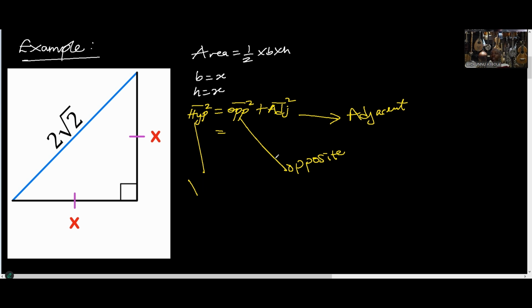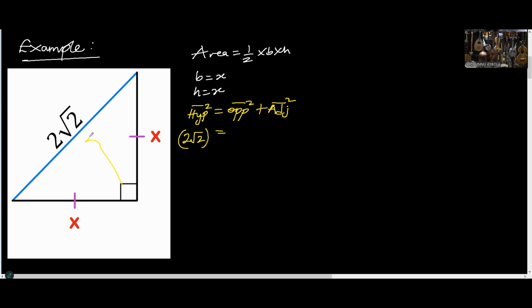Okay, so in a right angle triangle, we have these three sides, because in other kinds of triangles, we do not have them. Take note: Pythagoras theorem only works for right angle triangles. Now the hypotenuse is 2 root 2. That is the side facing the right angle.